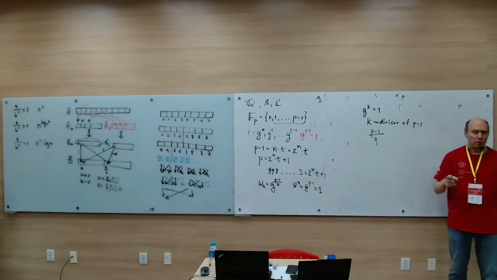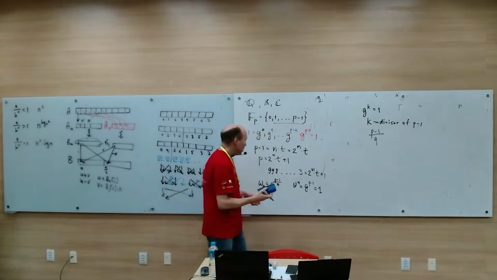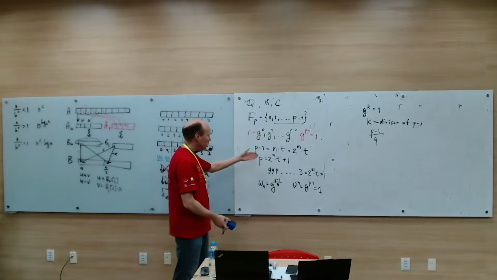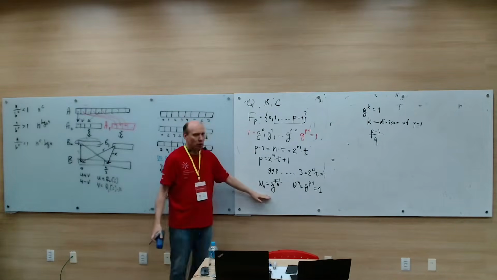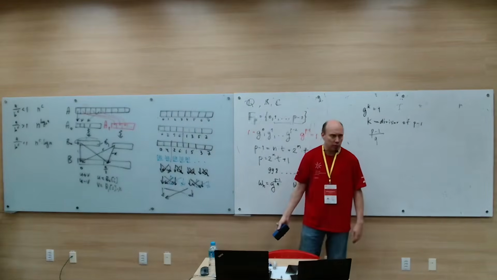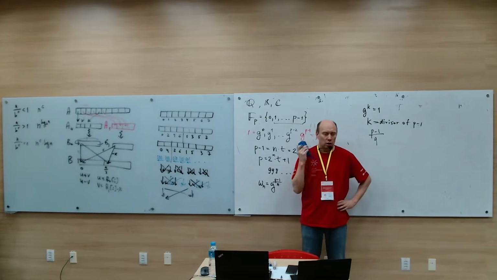There are not many of them. So after doing that, you find g, you calculate this, and the code is the same. All these things are the same, just instead of complex numbers, you use modular arithmetic.